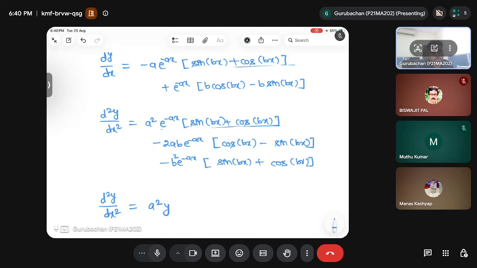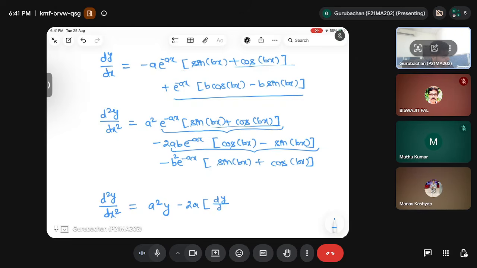Any doubt? This one is y now. And what about this one? This is minus 2a dy by dx plus a times y, and minus b square.